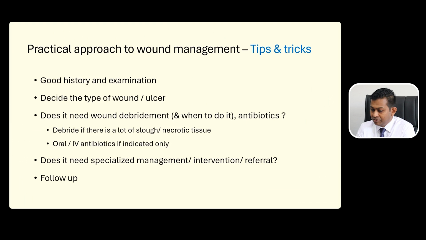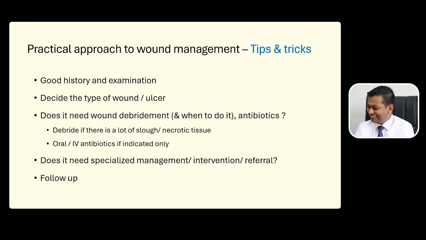If it's causing systemic infection like sepsis, yes, needs IV antibiotics. There's no place for topical antibiotics. Do not put antibiotics onto the wound. There's no good quality evidence to show it's useful. And if there's no evidence of infection, don't start antibiotics. Then next thing is, does it need a specialized management and how to do a follow-up. So simple, practical approach.